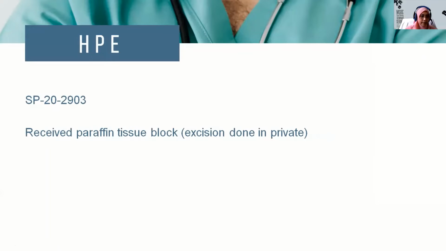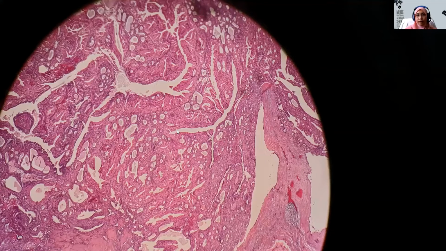It was reported as papillary lesion with apocrine changes. Then they referred the tissue block to us with the patient. So this is how the HPE looks. From the low power view, as you can see here, there are cystic spaces, and within the cystic spaces, there are complex papillary, arborizing structures lined by majority apocrine cells.